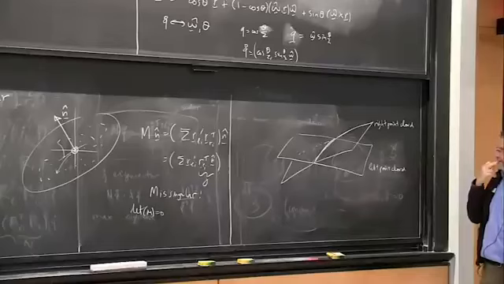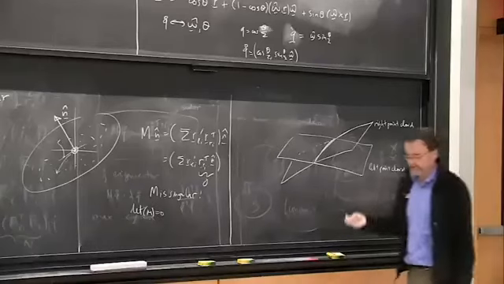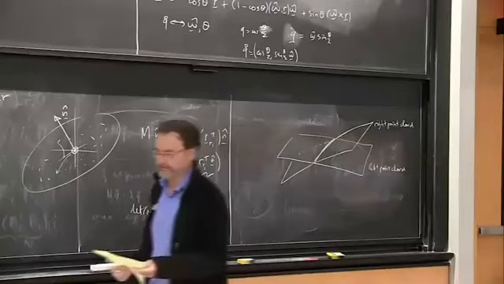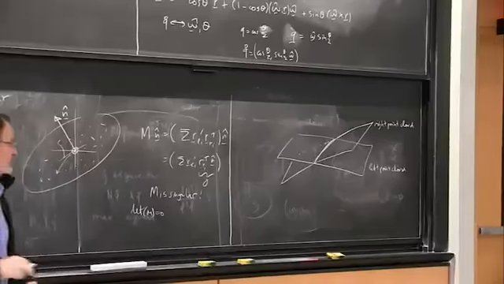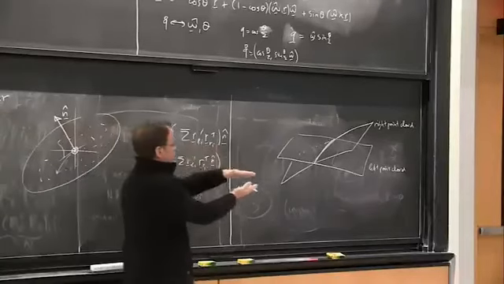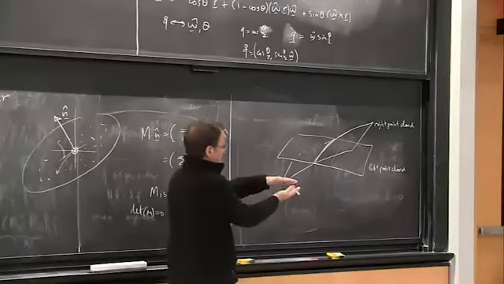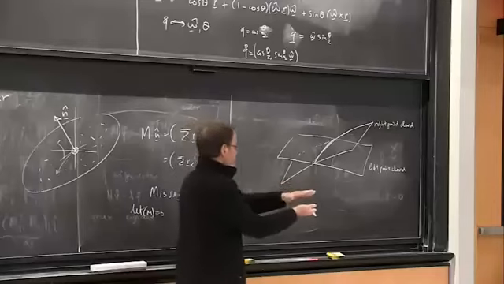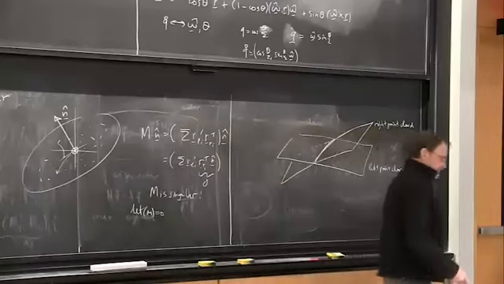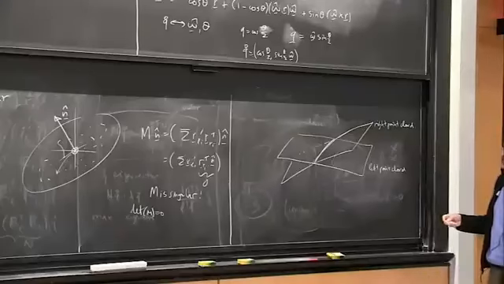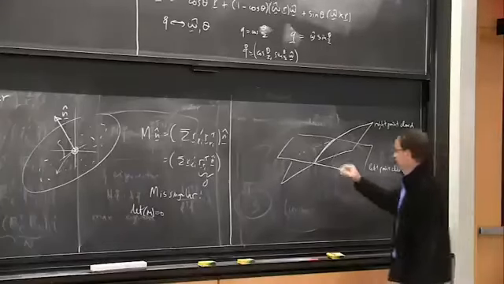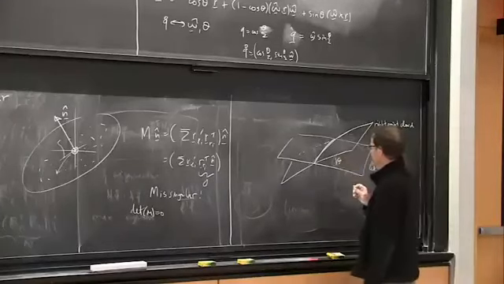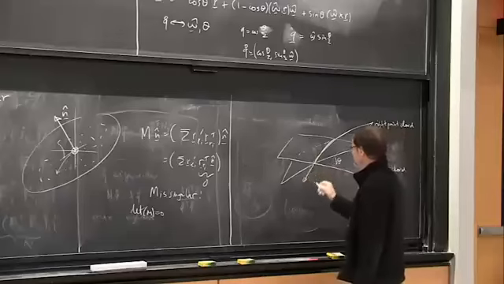So I can decompose the problem into two steps. The one step is rotate the one plane so it lies on top of the other plane, and then an in-plane rotation, and I'm done. So I can decompose the full 3D rotation into two very simple rotations. Now to do that, I'd need to find this angle, and I need to find this axis.